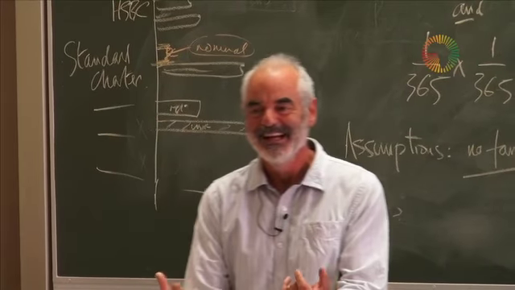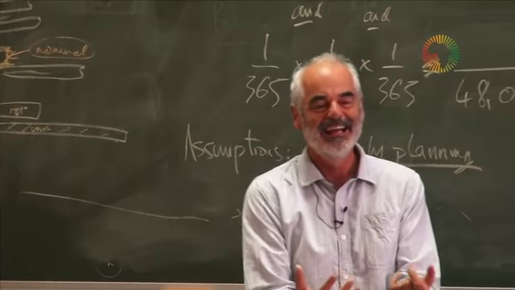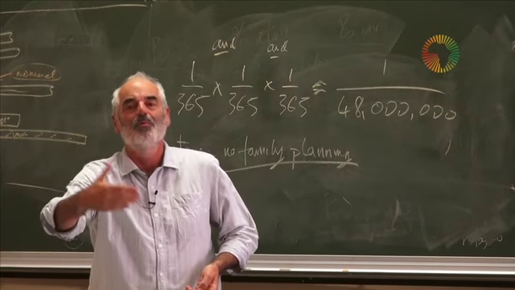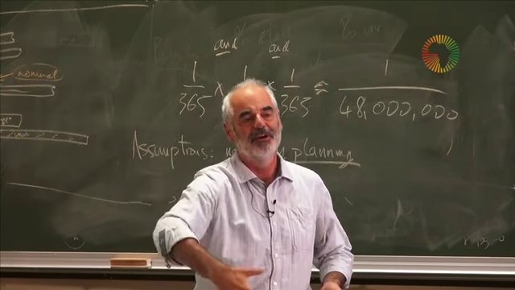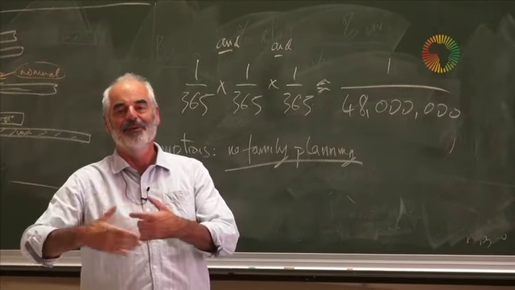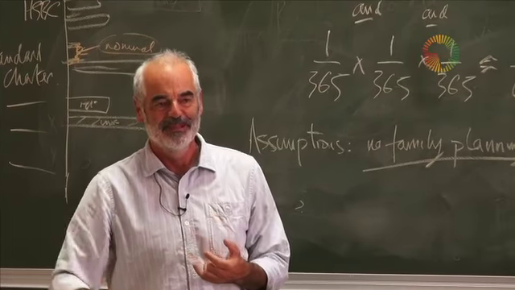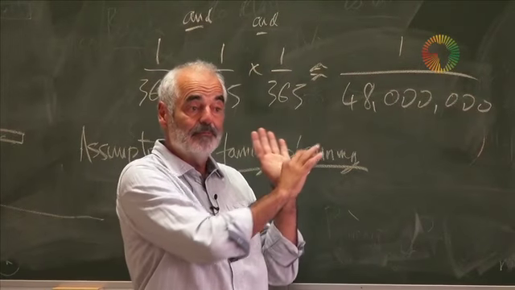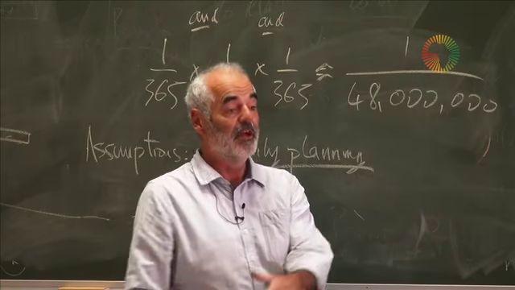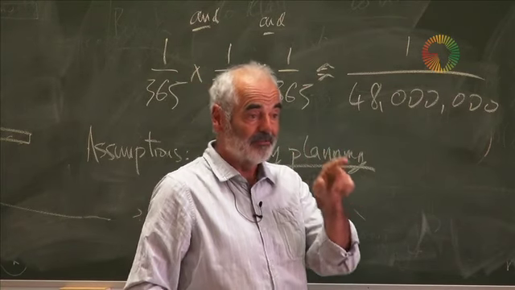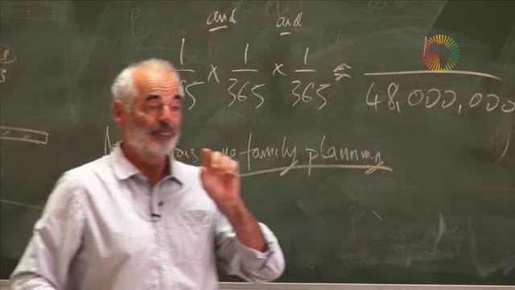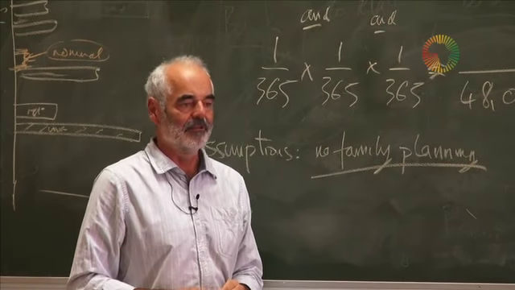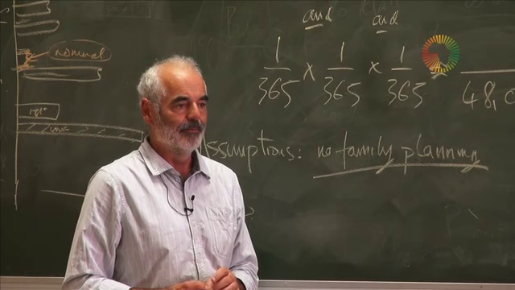You don't plan it, you don't think, oh, we should have a baby in a year's time. They come along as a completely random process. So this is what we assume, and in which case this is the same probability within the family as if they were random people. So you're right, it's a big assumption and probably untrue, but we are modeling it as if it's random people.